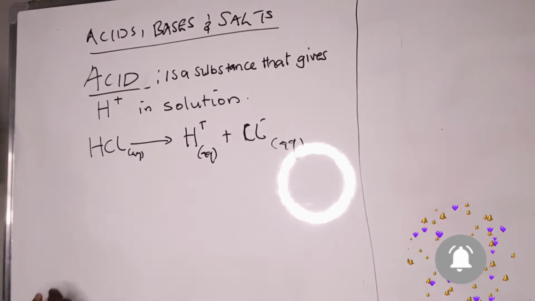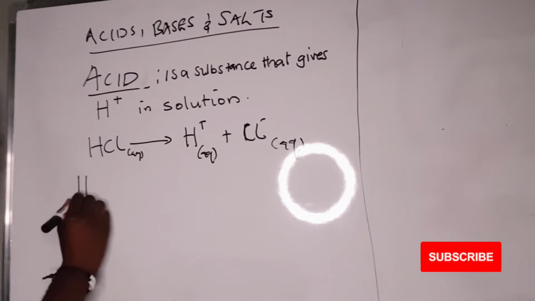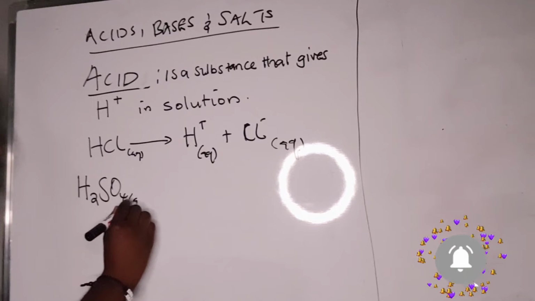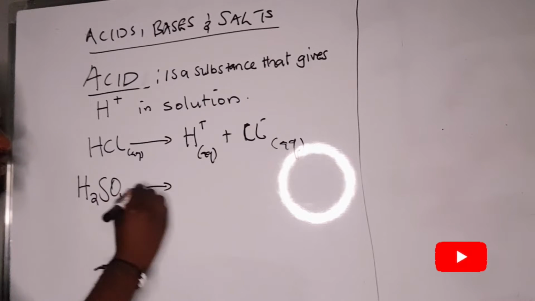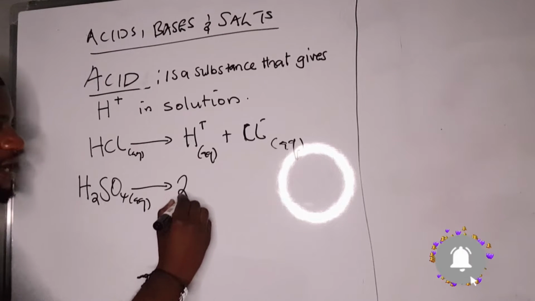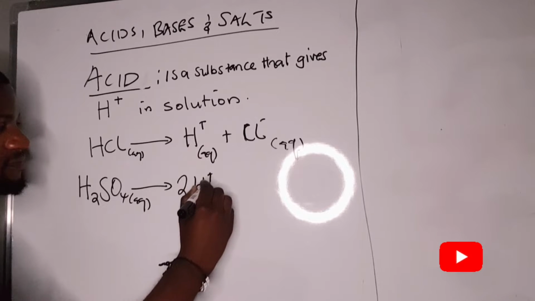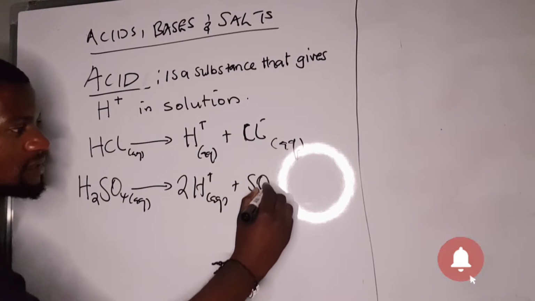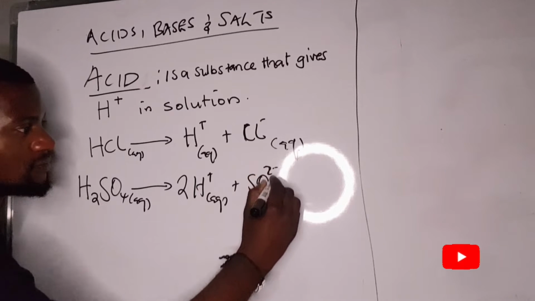Another example is sulfuric acid. When it dissolves in water, we are going to have the hydrogen ions and the sulfate ions.